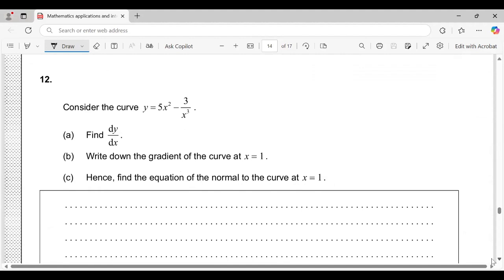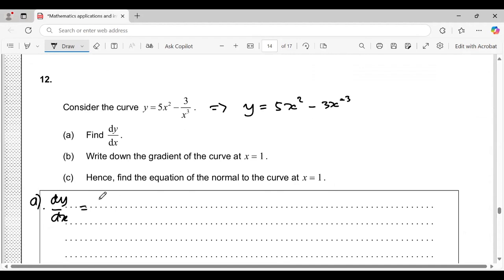Number 12. Consider the curve y equals 5x squared minus 3 over x cubed. Find dy/dx. I would like to rearrange this equation: y equals 5x squared minus 3x to the power minus 3.